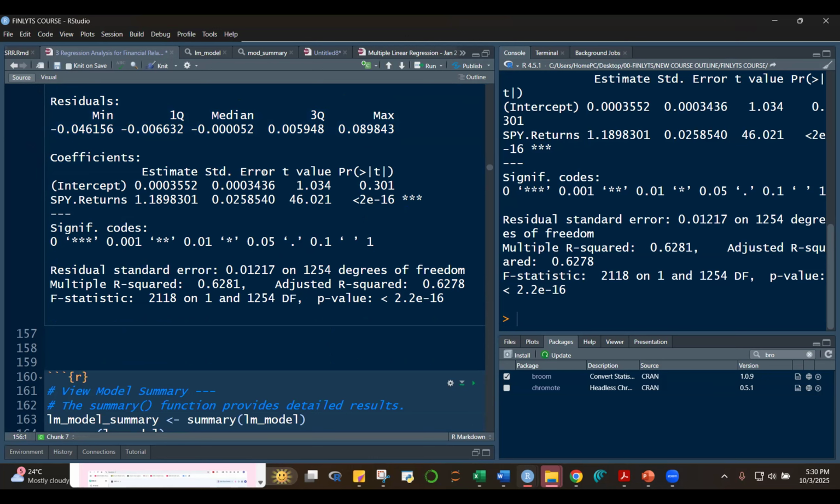Here, it summarizes for us the intercept, this is its estimate, the SPY returns, standard error. Standard error, class, is the standard error of your estimate. This is just like the average deviation of our actual value from the predicted value. And then you have your t-value and then your probability.